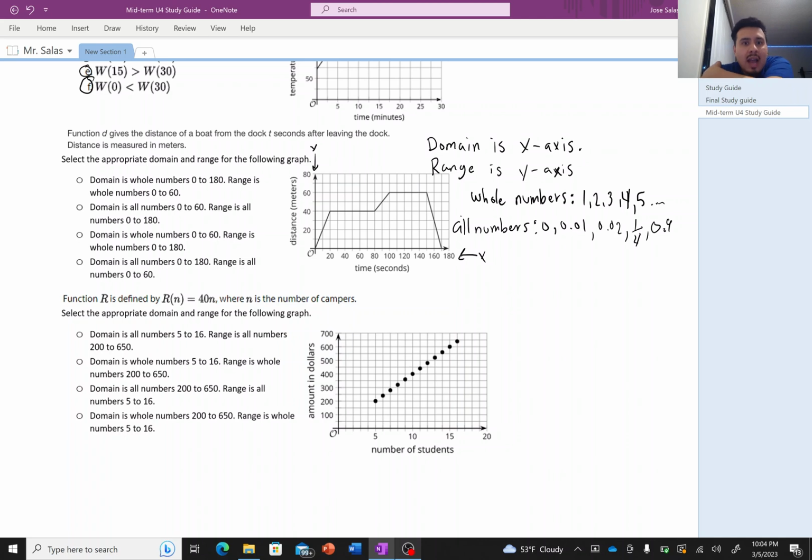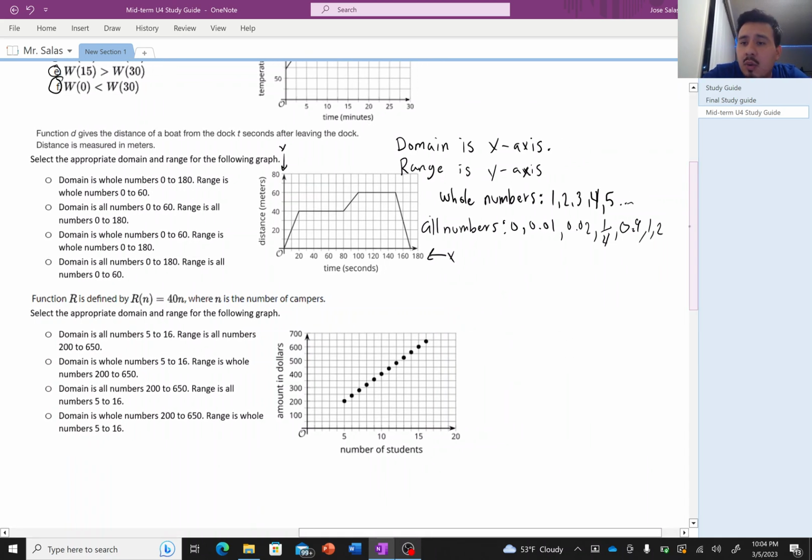However, you also have whole numbers within this, so you can also include 1, 2, 3, and so on. It keeps going forever as well. So when you hear the phrase all numbers, that includes decimals, fractions, anything between 0 and 1 or between 1 and 2. Whole numbers just refers to everything that is a whole, so it's not a decimal and it's not a fraction.